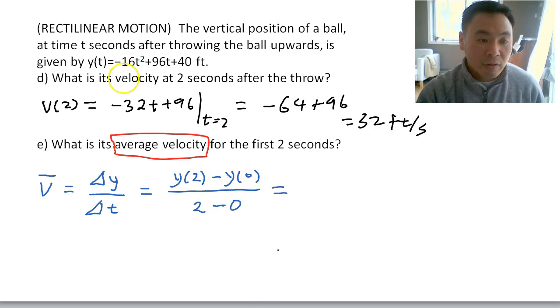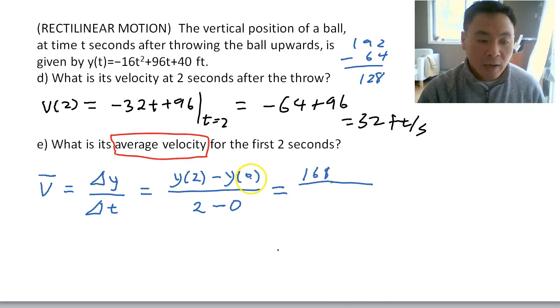So if I plug in 2 to this, I get -64, 192 minus 64 is 128, plus 40, that's 168. And then we subtract y(0). What's y(0)?